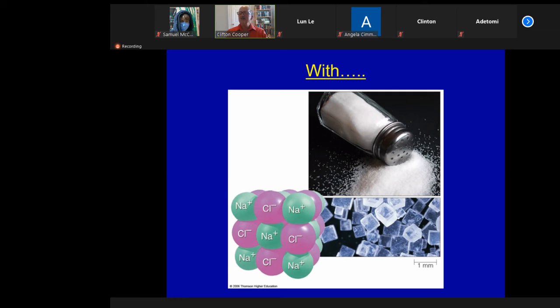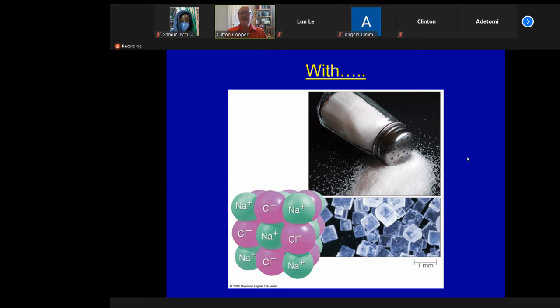What happens to the salt? If you take salt crystals and throw them into a pot of water, what happens to them? Dissolves. Yeah, that means that these ions come apart and they float around separately in the water.